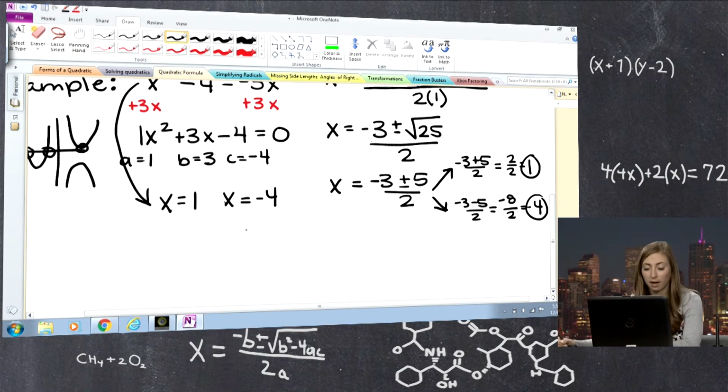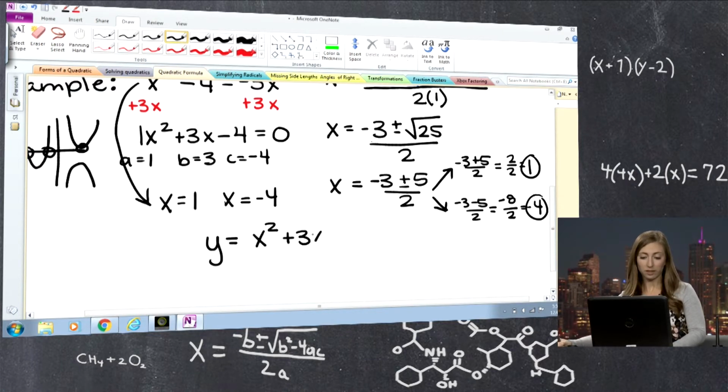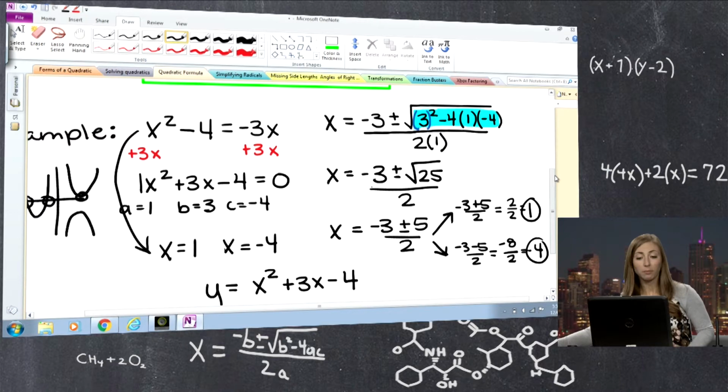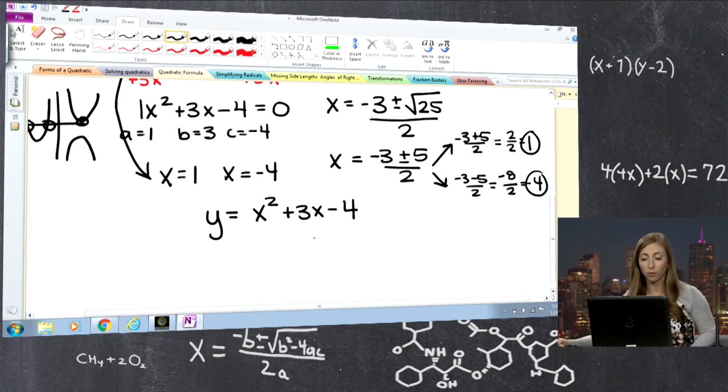Now, quickly, I did mention that I would show you how to use this to convert a quadratic. So let's just say that our equation was this, very similar to what we started with. Y equals x squared plus 3x minus 4. These numbers here are your roots.